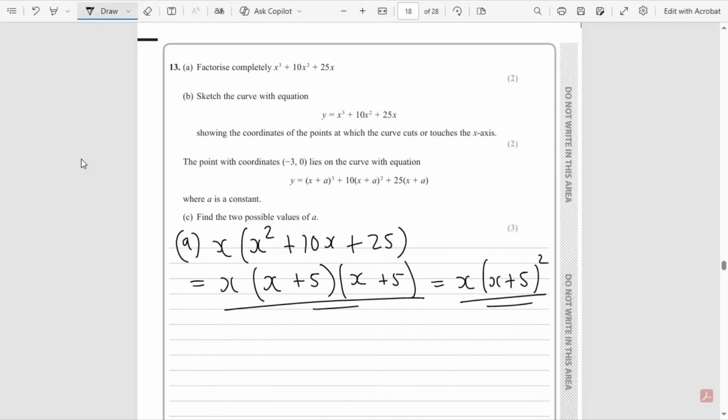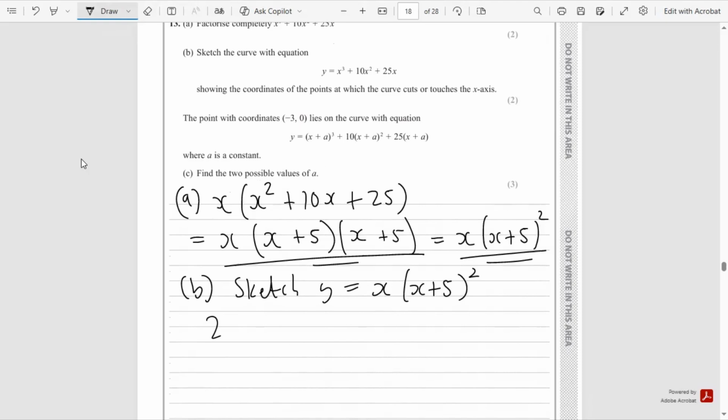Now for part B, sketch the curve with the equation y equal to x cubed plus 10x squared plus 25x. Now, this is obviously the same expression as before, so we're going to sketch this graph y equal to x times (x plus 5) all squared. And clearly there are two real roots.